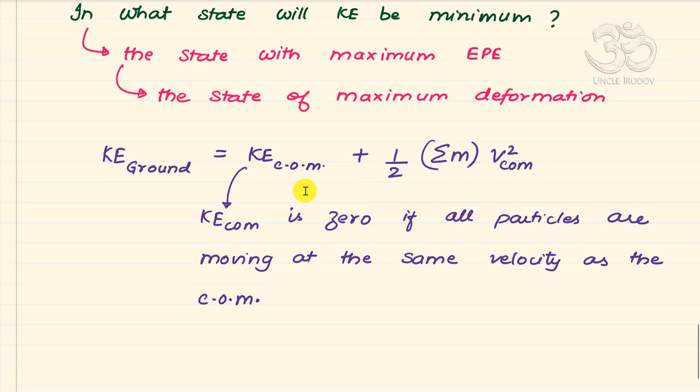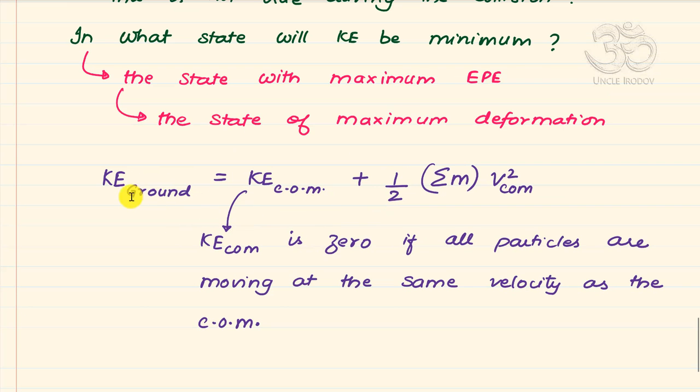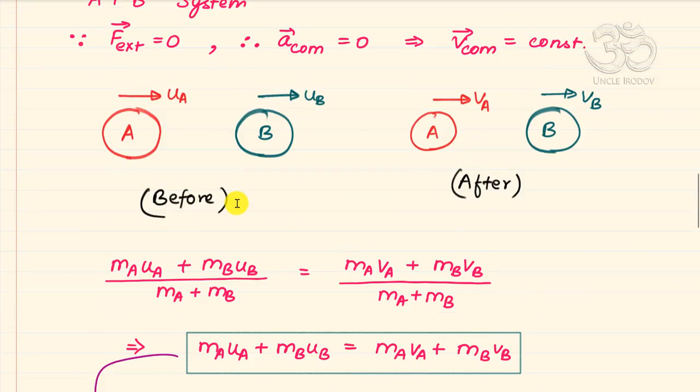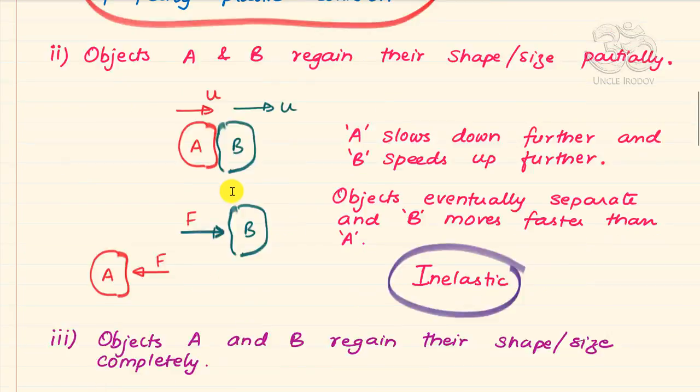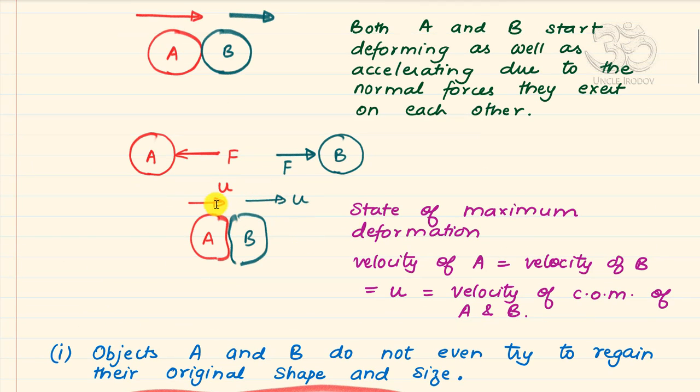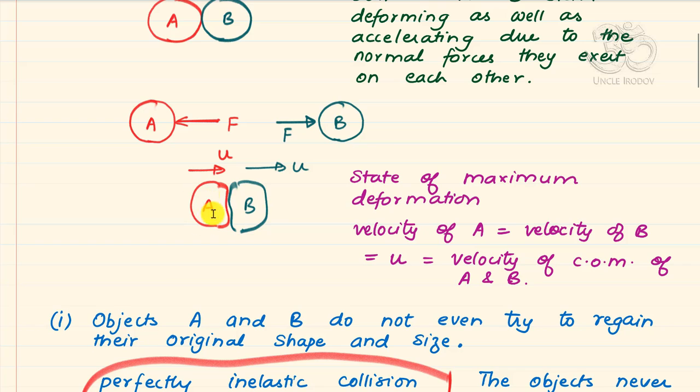So we should have been able to guess that from knowing this equation and from seeing the state of maximum deformation here: if the velocity of A is equal to the velocity of B, which is also equal to the velocity of center of mass of A and B, then this is the state in which the kinetic energy as found from the ground frame is going to be least.